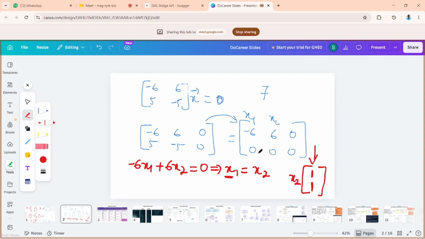Please let me ask one question before you proceed. If it was 2x1 is equal to x2, so it would have been... No, you will always make x1 the subject. You remember? I was thinking that because the free variable is x2, it will become half x2, right?